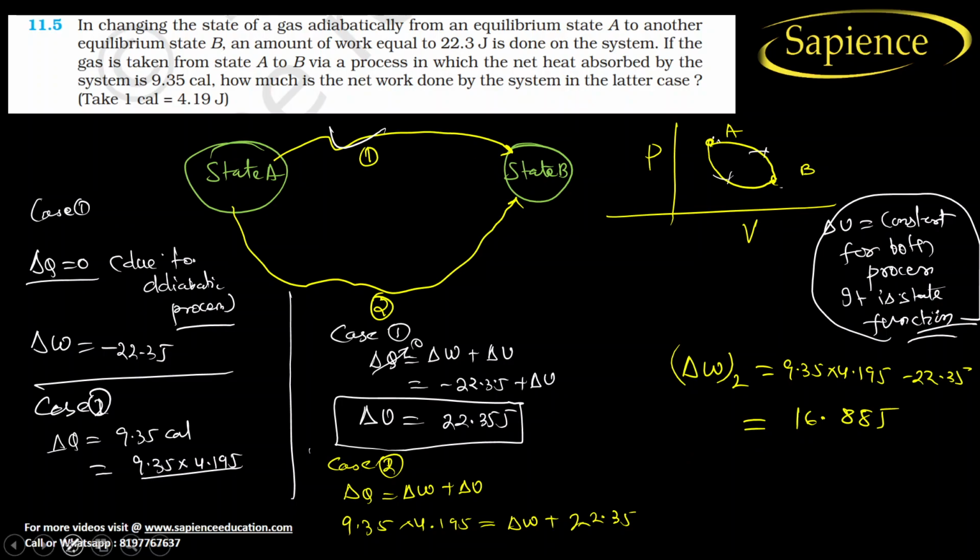So if you want to round it off, the work done for the process is done by the system, because we are getting a positive value, so this will be 16.88 or 16.9 joule only. So this is the final result.